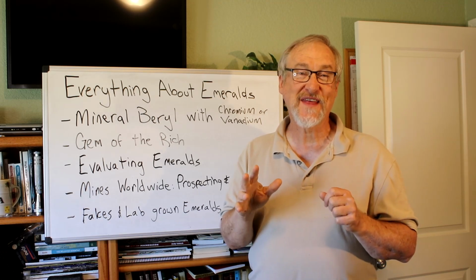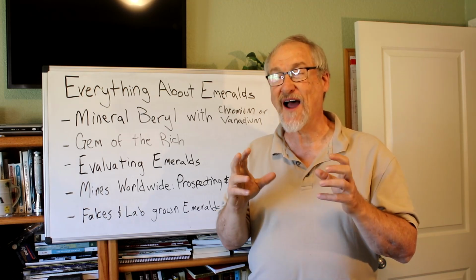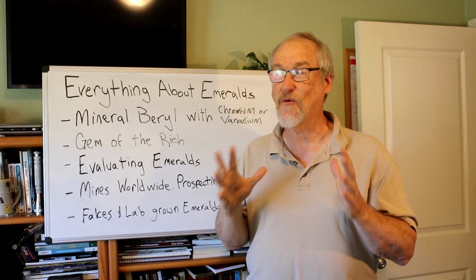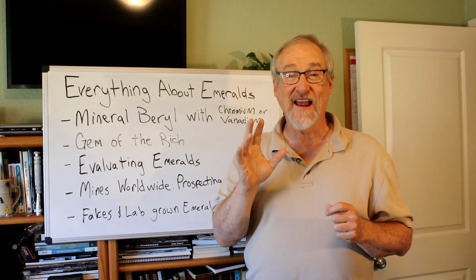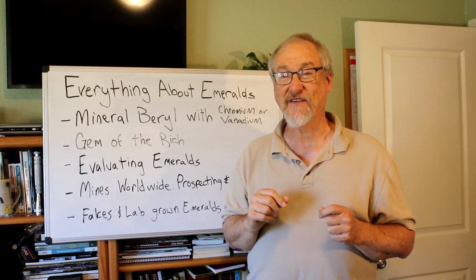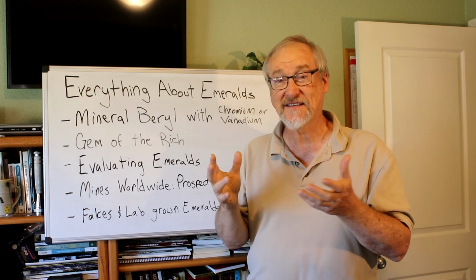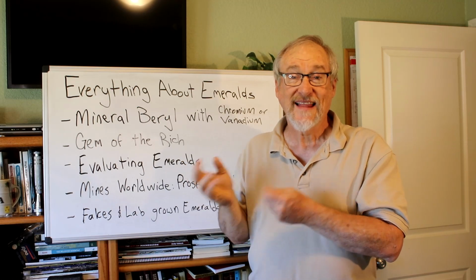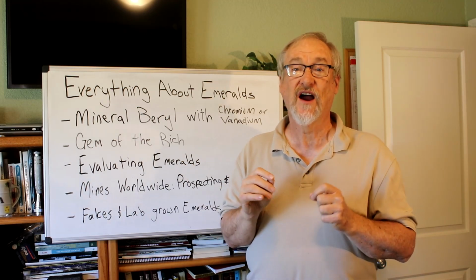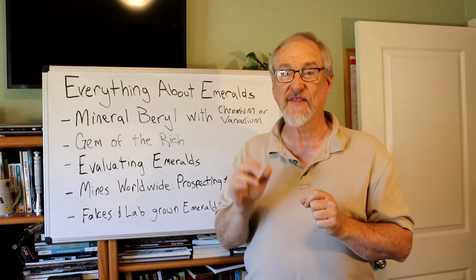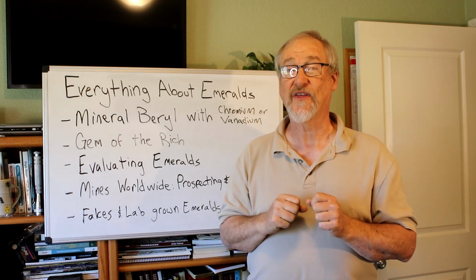The beautiful jewelry that contains emeralds has been prized by kings and queens and the wealthy for thousands of years. And in fact, it's thought that Cleopatra was especially fond of emeralds, and that might make sense since there were emerald mines in Egypt. Let's take a look at some jewelry, both modern and ancient, of the emerald gem that had been so prized by the wealthy and powerful.